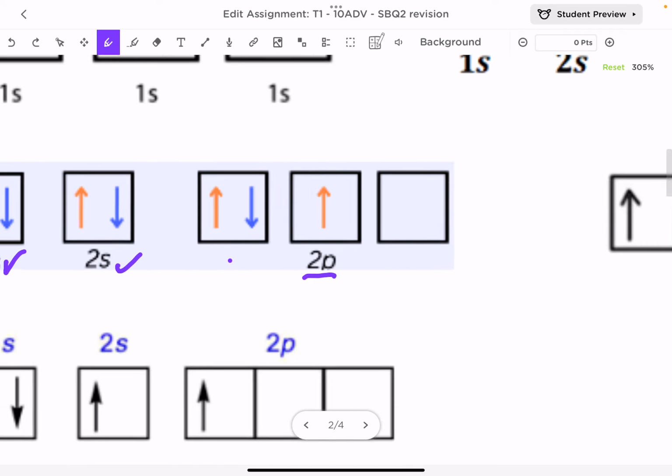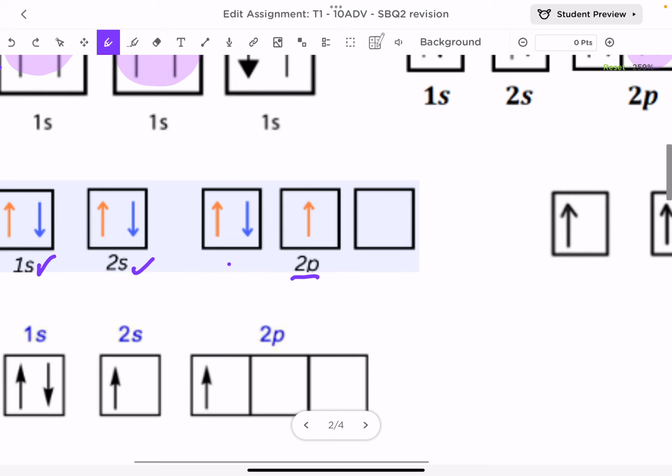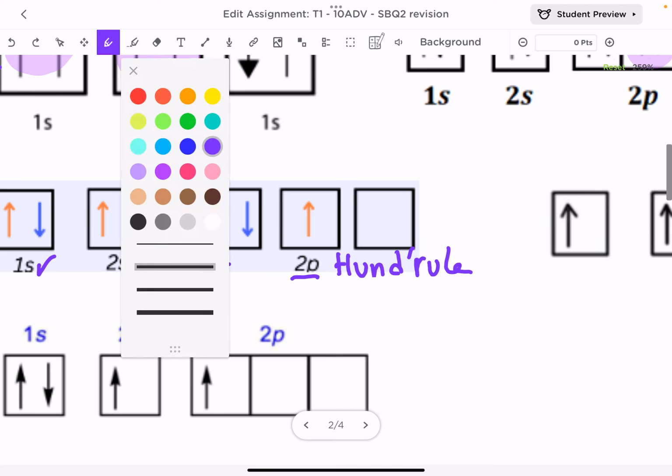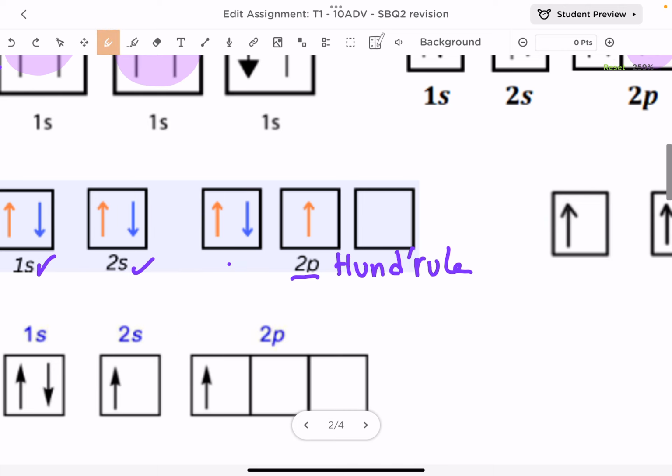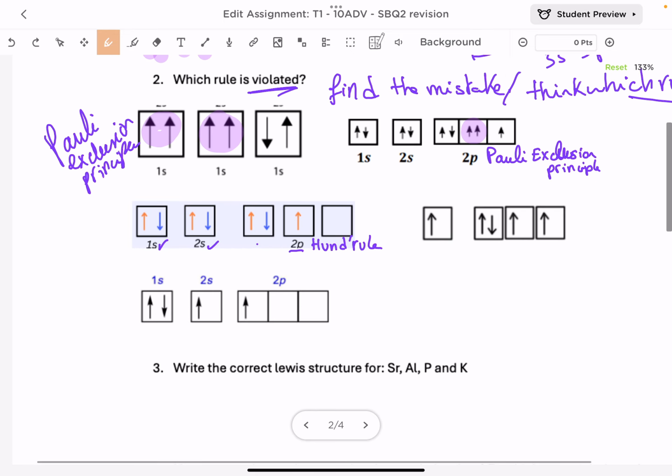So this is wrong, and this violates Hund's rule. Hund's rule says that you cannot double the electrons before you finish filling them singly. So here I have 3 electrons. Those 3 electrons must go like that, 1, 2, 3, not like this. So here's the violation, violating Hund's rule.